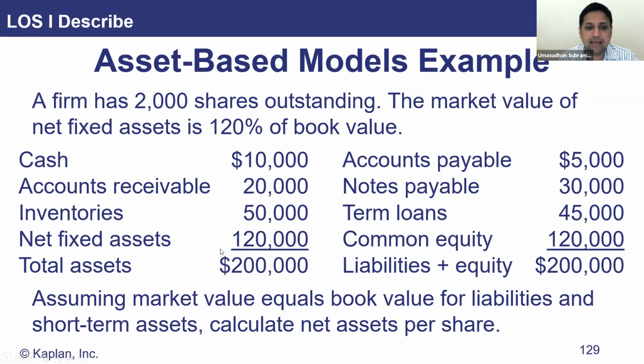So you have total assets of $200,000, and then on the other side of the balance sheet you have your liabilities, notes payable, term loans, and the common equity, and then liabilities plus equity of 200,000. Now forget about this 120%, right? Ignoring that, can you tell me what is the net worth of this company?